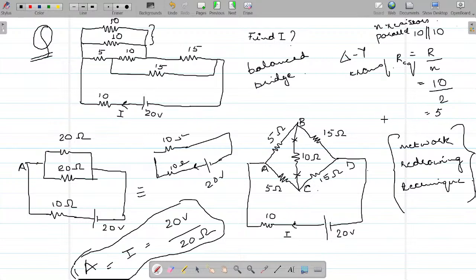Also, we learned that the network redrawing technique helps us solve the question, so that reduces our effort. In case you were not aware of network redrawing and also not aware of what a balanced bridge is, you would have approached this question using star delta transformation, which would have taken a lot of time. So you can save time here, right?